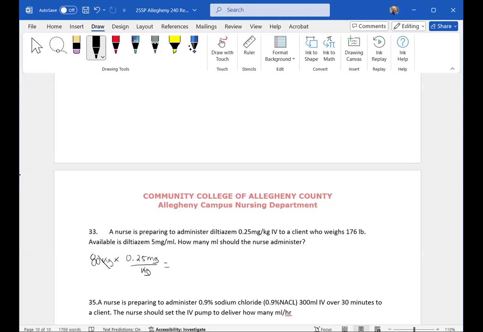So 80 times 0.25, and I get 20 milligrams. Then you can do ordered over available if you want, or I'm just going to continue working with dimensional analysis. I want to convert milligrams to milliliters. So 5 milligrams, 1 milliliter. So I'm going to get an answer of 4 milliliters.